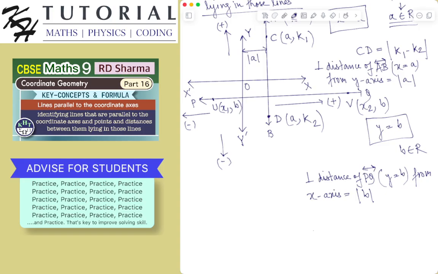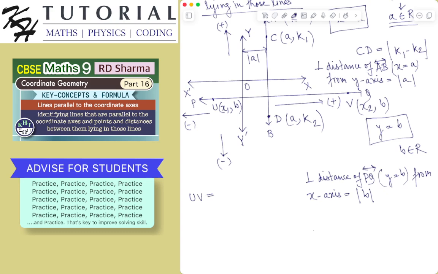Now, what will be the distance between the points U and V that lie on the line PQ, which is parallel to the x-axis?